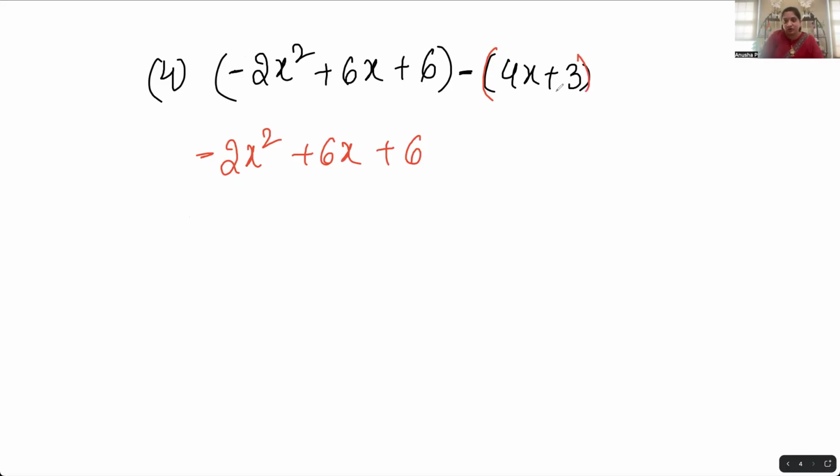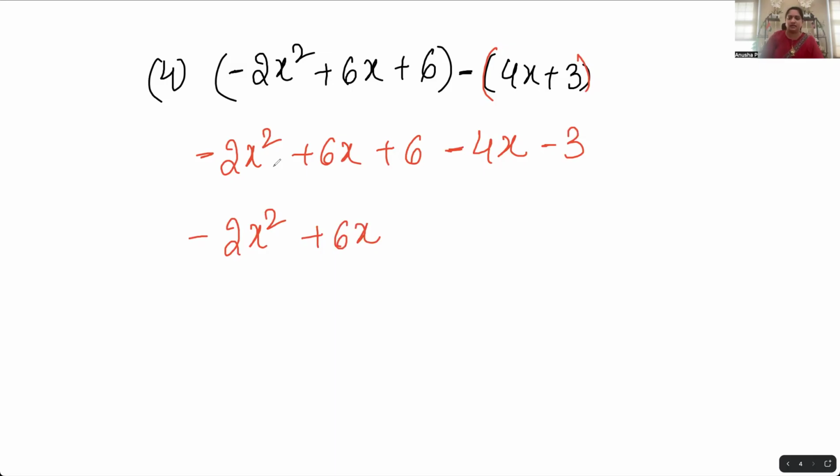So you have to switch each and every term here. Positive 4x will become minus 4x. Switching means opposite signs. Positive 3, what is the opposite of positive? Minus 3.